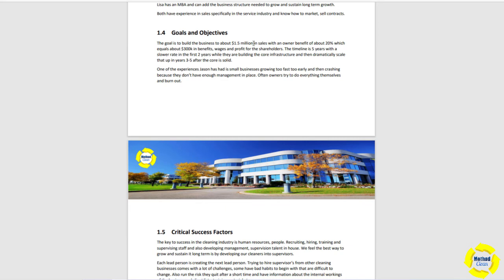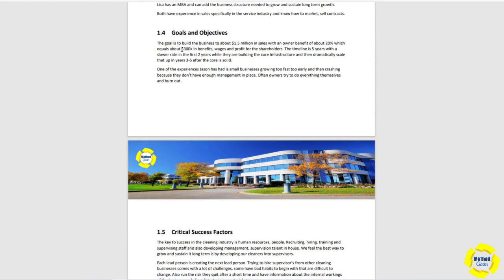Now, we set a goal of 1.5 million in sales. If your goal is only 300,000 in sales, some of these questions are completely different. That's why we want to be upfront and say, this is our goal, this is our objectives, and this is how much money we want to make.